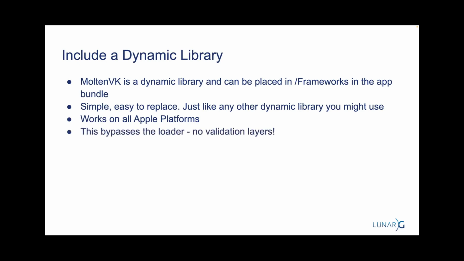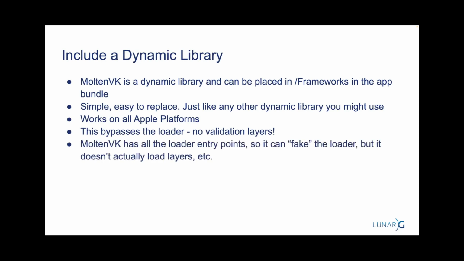This works on all Apple platforms: desktop, iOS, and Apple TV. It does bypass the loader, so you don't get validation layers, but it's a great way to ship an application. If you don't want to ship your application with any layers installed, then you're good to go.